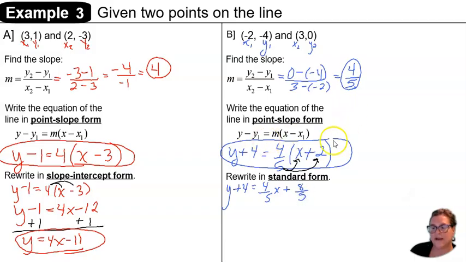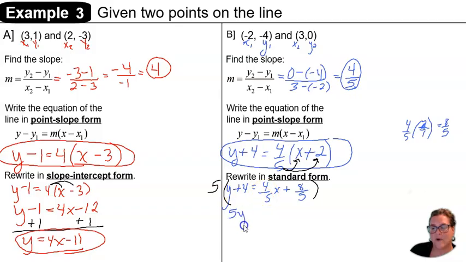So when we multiply 4/5 times 2, that's 4/5 times 2 over 1. 4 times 2 is 8, and 5 times 1 is 5. So that's where the 8/5 came from. Now for standard form, we don't want any fractions. So I'm going to multiply each term in this equation by the denominator of those fractions.